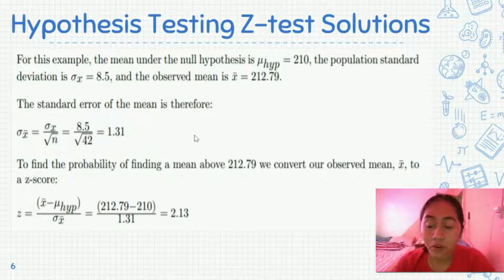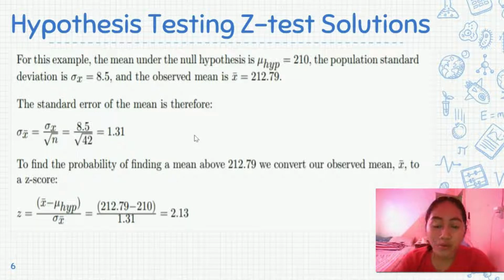Therefore, the standard error of the mean, using the formula standard deviation of x bar equals standard deviation of x over the square root of n, is 8.5 over the square root of 42, our number of applicants, and the answer will be 1.31. So that is our standard error of the mean.